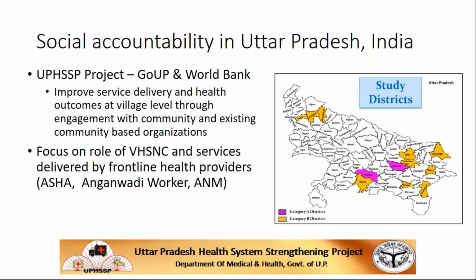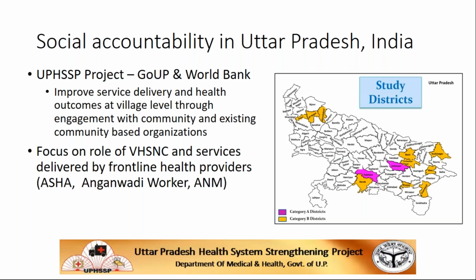And so the premise here was that one of the reasons why health outcomes are so poor in UP is that the quality of health service delivery is not great, and provider effort may be lacking. And so could the state, through the use of social accountability, bring about positive changes here?